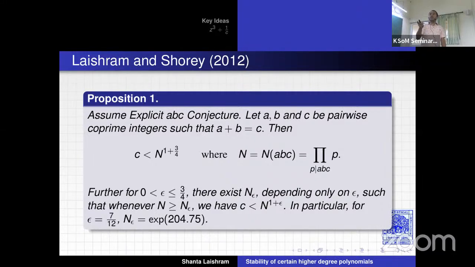And not only that, if you take any epsilon less than 3/4, you can find a constant n_epsilon which depends only on epsilon, such that whenever the radical is bigger than n_epsilon, you have C less than n to the power 1 plus epsilon. In particular, for epsilon 7/12, which I will use, n_epsilon is x^204.75. So if the radical exceeds this number, then you have this result with 1 plus epsilon, with epsilon 7/12.